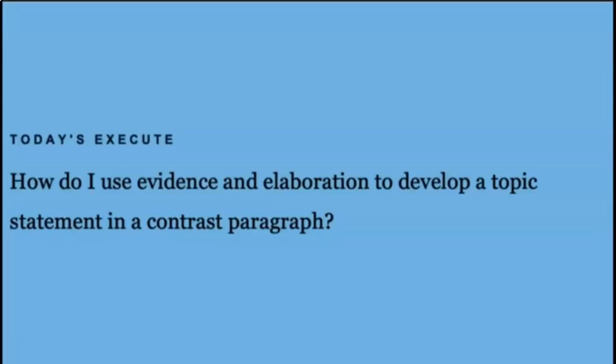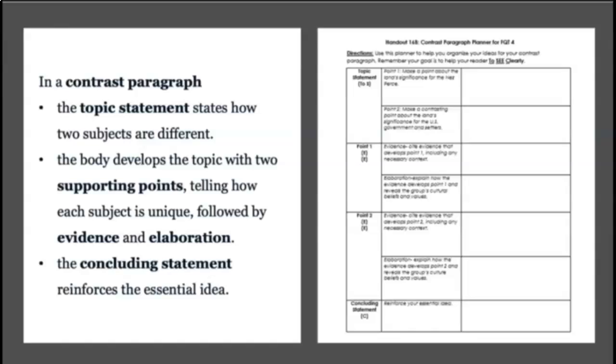What do we think the job of a topic statement in a contrast paragraph is? Well, in a contrast paragraph, the topic statement states how two subjects are different. The body develops the topic with two supporting points, telling how each subject is unique, followed by evidence and elaboration. The concluding statement reinforces the essential idea.